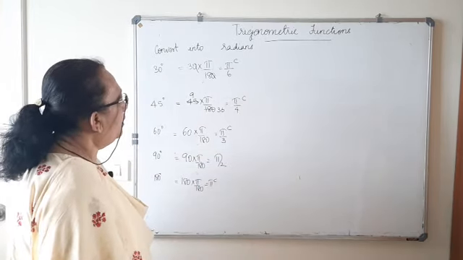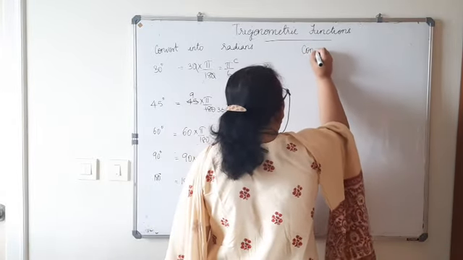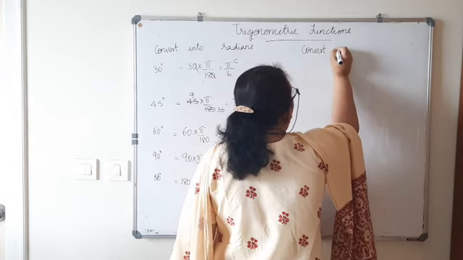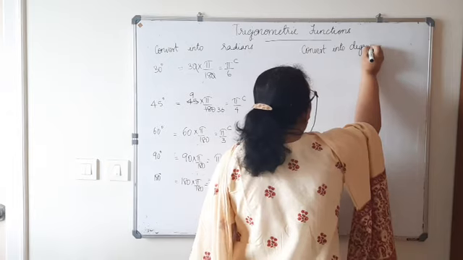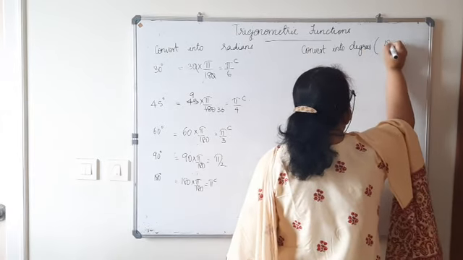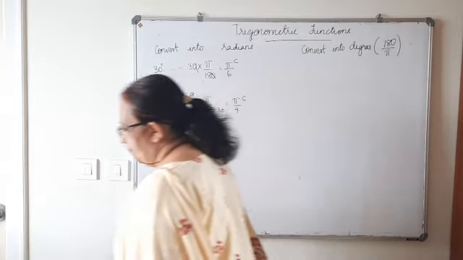Now if you want to convert into degrees, multiply by 180 by pi.